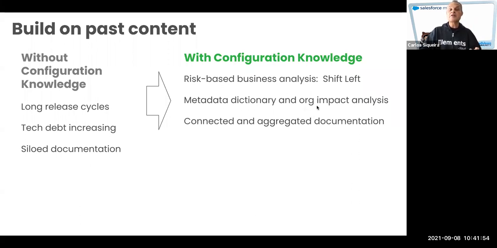You get a better data dictionary and org impact analysis, and connected and aggregated documentation. So you no longer have information here and information over there. Connected and aggregated documentation is a centralized repository where all your developers, business analysts, scrum masters, business owners, and so forth have access to that information.